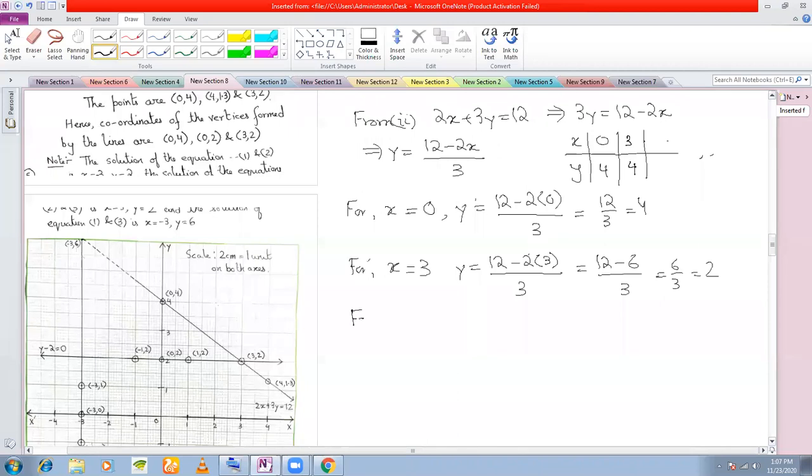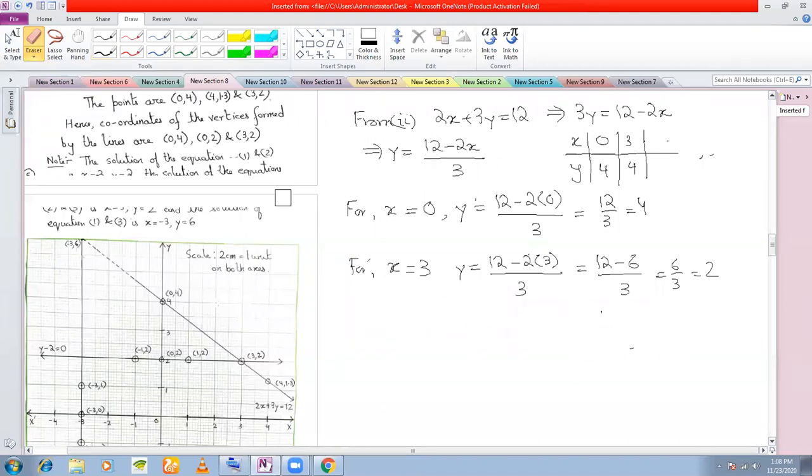Next let us try x = -3. (12 - 2 x (-3))/3, that's (12 + 6)/3, which is 6. Although 6 is acceptable, in 2 centimeter = 1 unit we will not be able to accept y = 6. So let us try some other value.